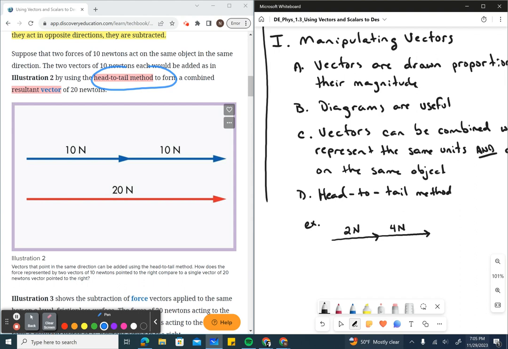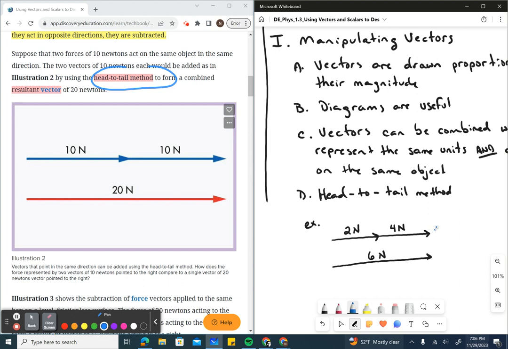And what they're showing here is that this would be equivalent to saying that they're combined, if you were to add them up, is equal to 6 newtons, right? Okay.